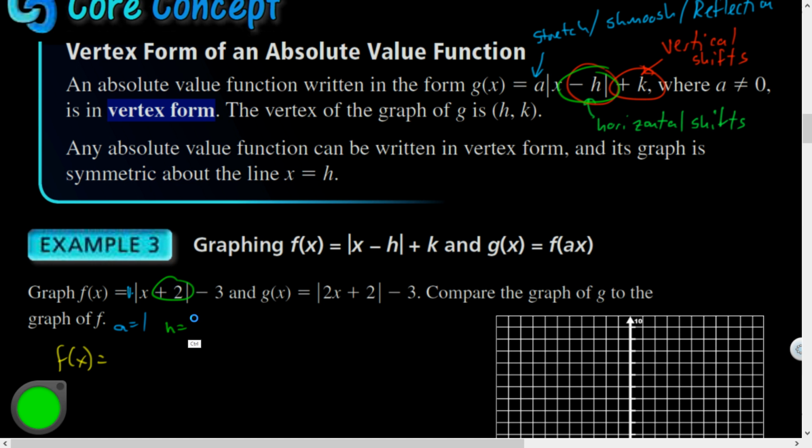It's going to be the opposite of that number. Okay, so h is going to be negative 2. All right, opposite. And the k is going to equal negative 3.